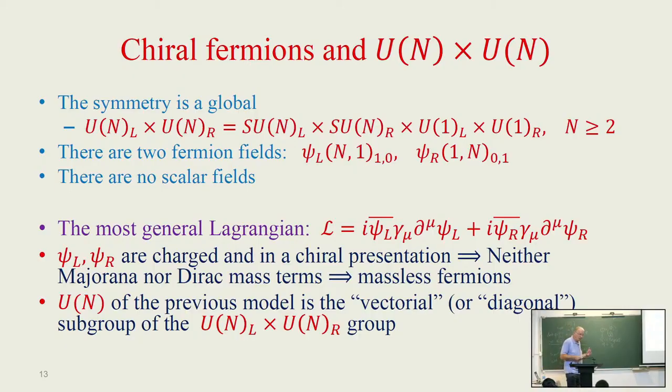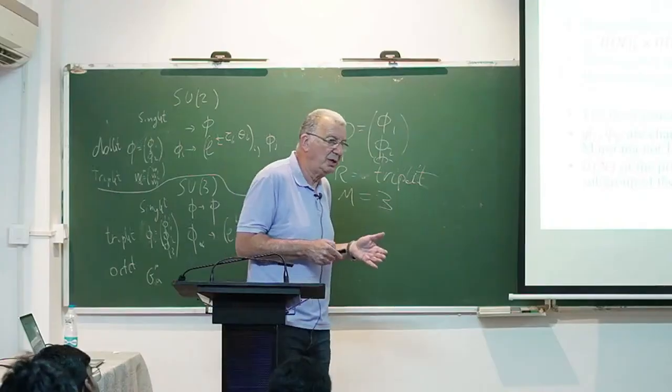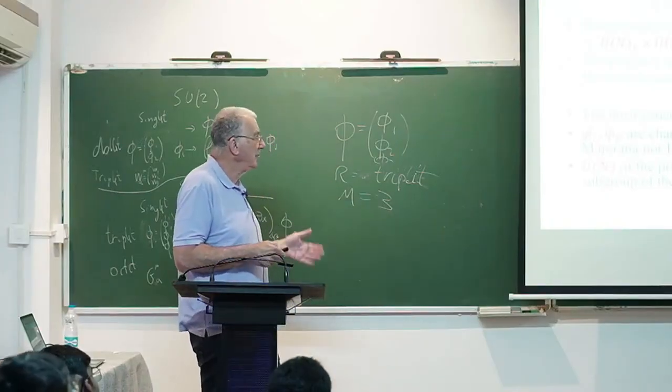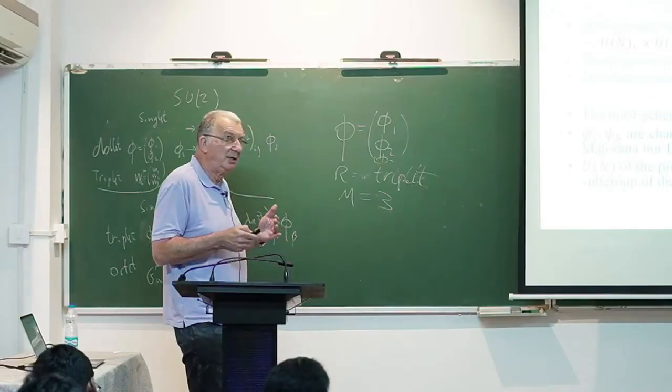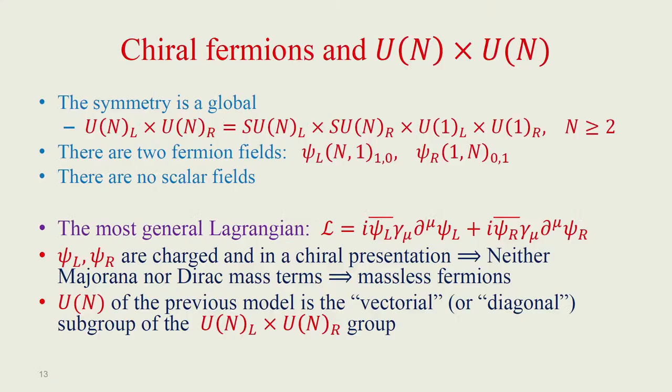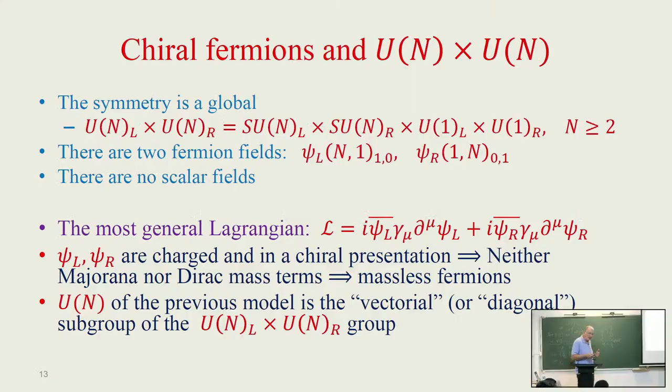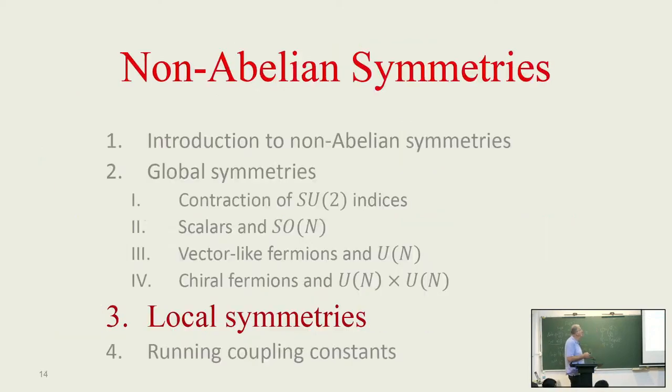And so there is a way to explain masslessness of fermions also by non-abelian symmetries. If they transform non-trivially, they are not singlets, then there is no Majorana mass term. And if it's a chiral theory, left and right cannot be matched into a pair that transforms in the same way, then also the Dirac mass term is forbidden. So you can do it with an abelian or non-abelian symmetry.